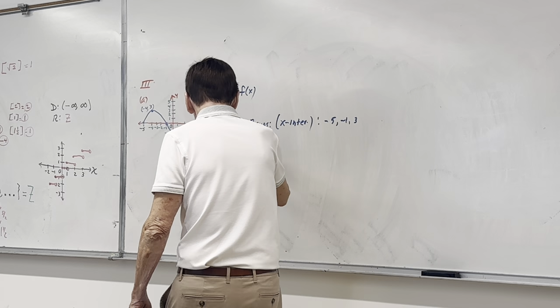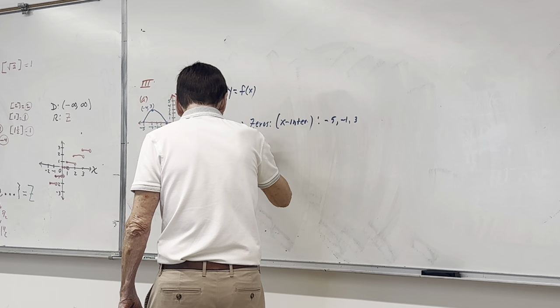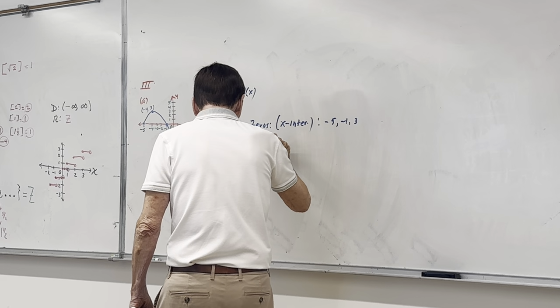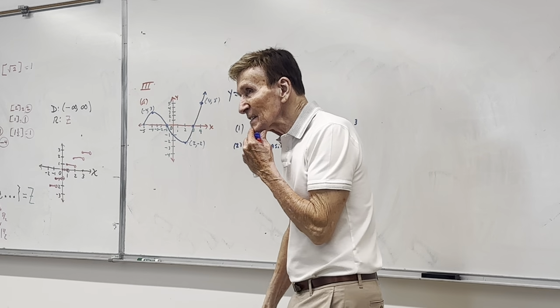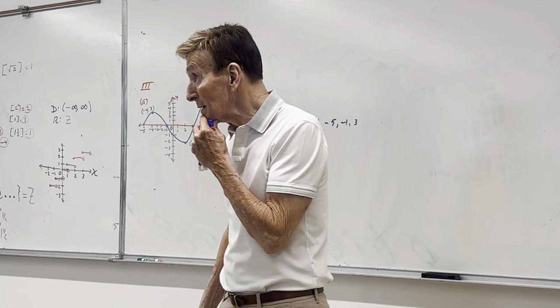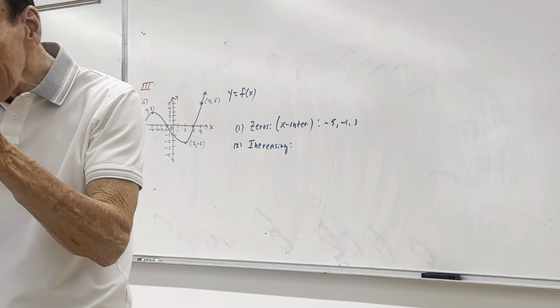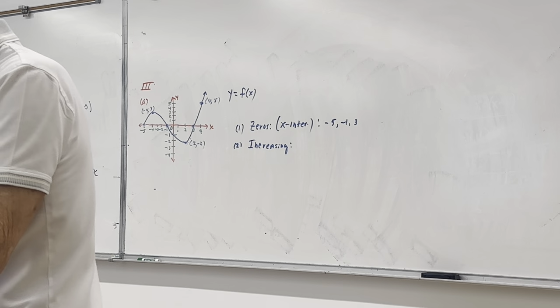Vocabulary. Number 2. Now they're going to ask me to look at this strange graph, and from calculus, answer this question. Where is this graph increasing? And you look at it from left to right. So you're going to tell me in interval notation which pieces of this graph are rising as I go from left to right.